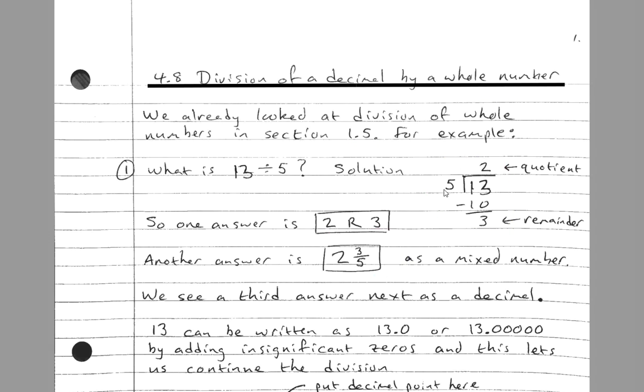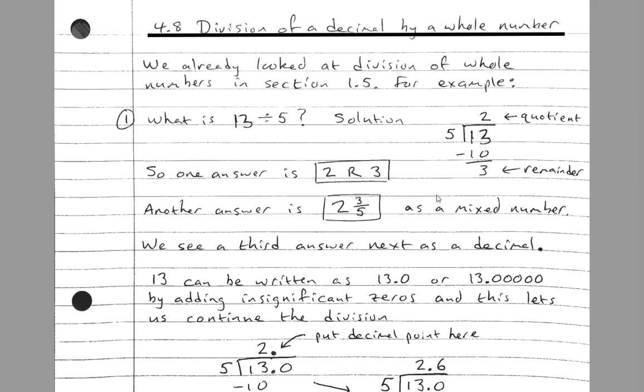But now we're going to do it a third way. We want the answer next as a decimal. This number we're dividing, this 13, can be written as 13.0 or 13.000, so you can add as many zeros as you like. These are insignificant zeros.